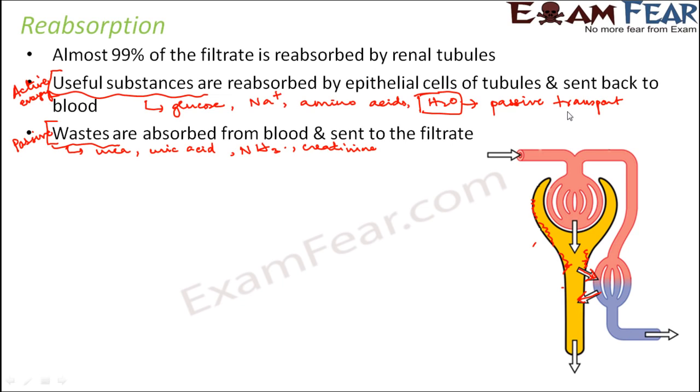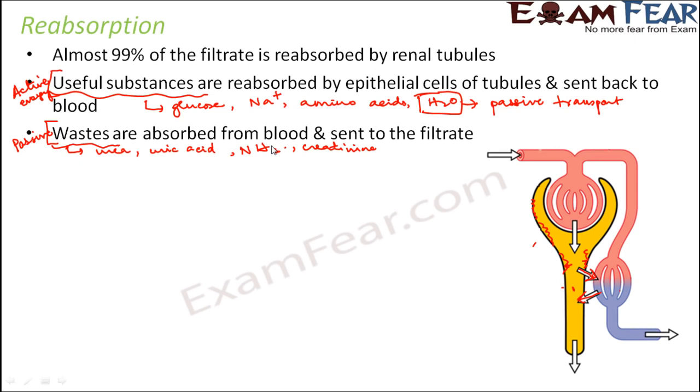So water will move from the dilute filtrate into the concentrated blood, because the blood in these capillaries has come from the efferent arteriole, which contains concentrated blood. The water concentration is more in the filtrate when compared to the concentrated blood, so water will also move from the filtrate into the blood. This is how the process of reabsorption will happen.